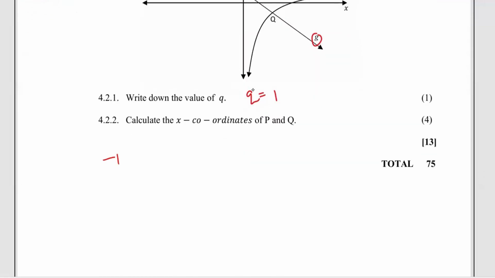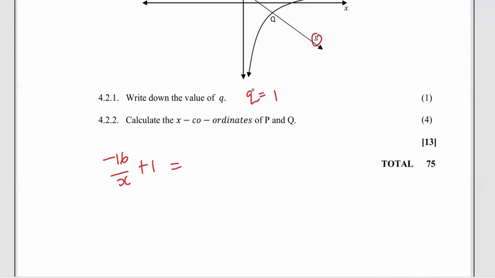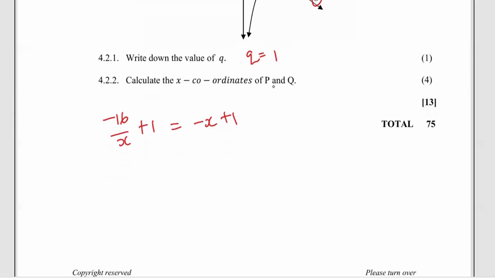So we're going to have -16 over x plus 1 should be equated to -x plus 1. Okay, now always try to create a quadratic by multiplying through by x, okay? So times x, times x, times x, and then times x, meaning that this cancels that. -16 plus x is equal to -x squared plus another x, okay?